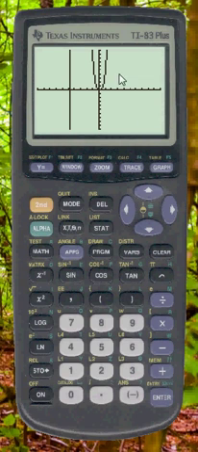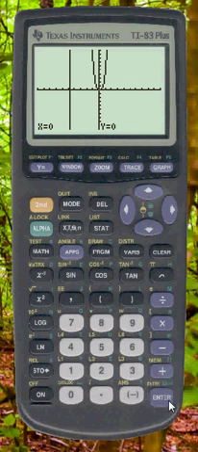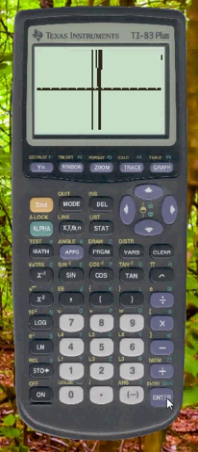So what you can do, if you're looking at this, is you can go here to zoom and then scroll down to zoom out, hit enter, and enter again, and then you can get a bigger picture. Hit enter again.